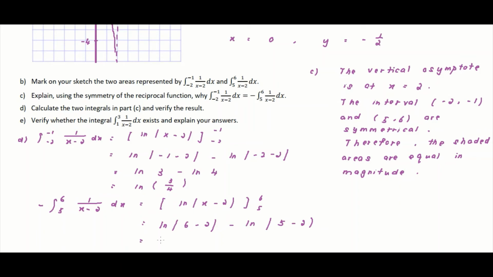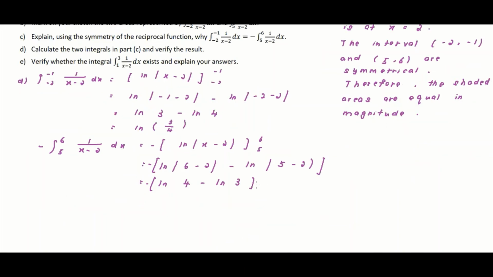So I have natural log 4, and don't forget I have a negative, so negative the whole thing here: natural log 4 minus natural log of 3. Okay, then we just rearrange it and expand it, so I get natural log of 3 minus natural log of 4, which gives me the same thing.